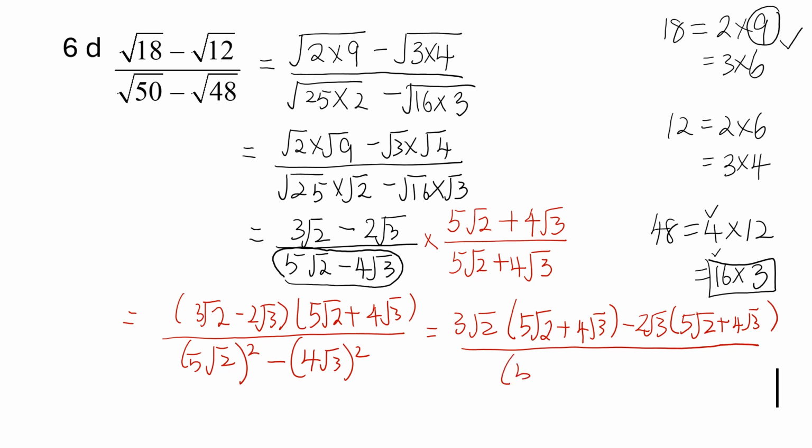So we can just use a calculator to work this out. Using a calculator, there will be open bracket 5 square root 2 close bracket squared minus open bracket 4 square root 3 close bracket squared. That gives us 2.